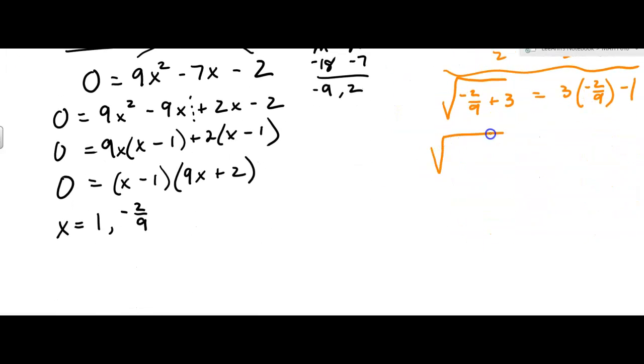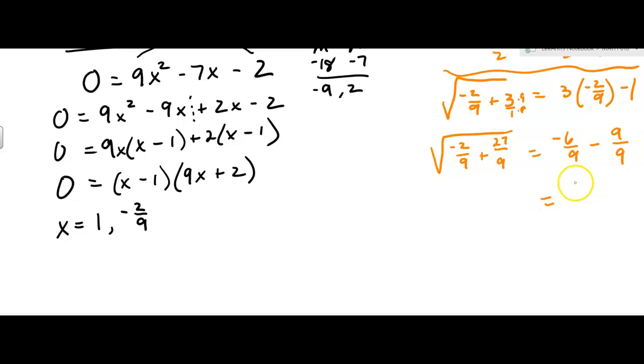So the square root of negative 2/9 plus 3, that's 3 over 1, so it's going to be 27 over 9, right? Multiply by 9, multiply by 9. And then on the other side, I'm getting negative 6 over 9 minus 1, I'm going to make that 9 over 9.